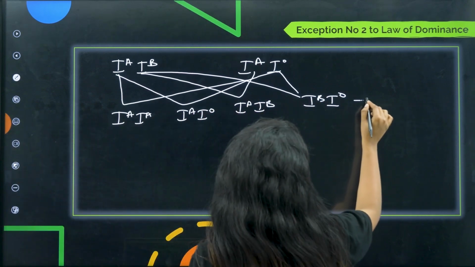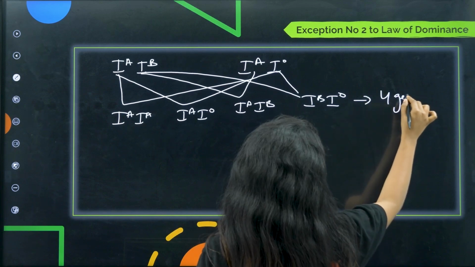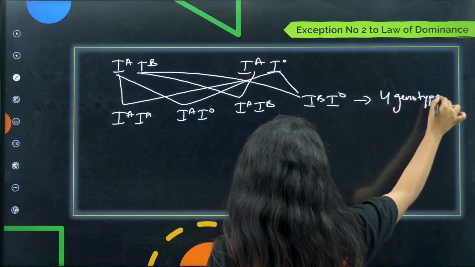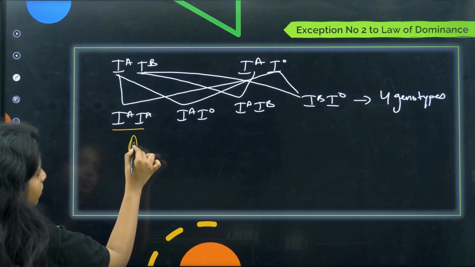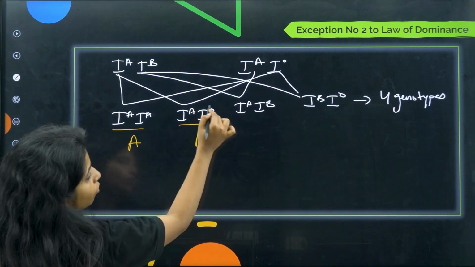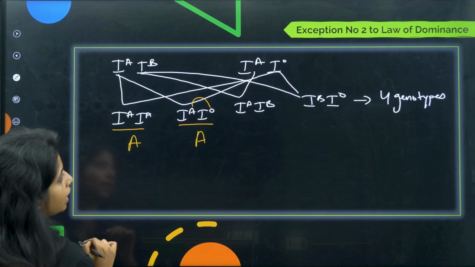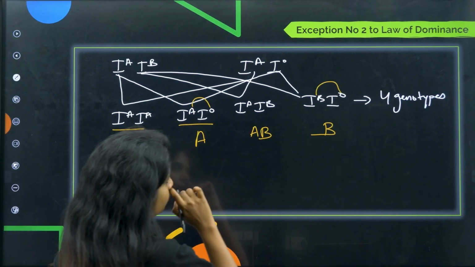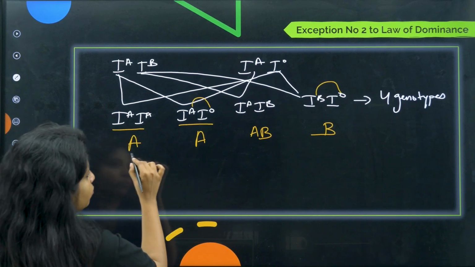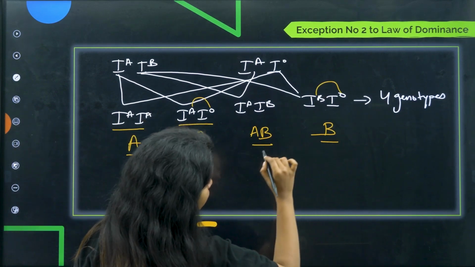So we have how many genotypes, children? We have 4 genotypes. Phenotypes, if you see, let's see. Phenotypes as in, what is the actual product that they are going to give. This is A blood group. This is again AO, means A is dominant over O. So this is again A blood group. This is AB blood group and this will be B blood group. So phenotype, I see 1 phenotype, 2 phenotype and 3 phenotype.